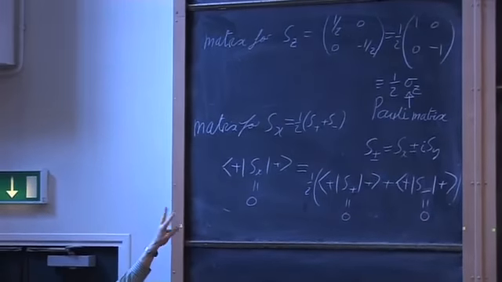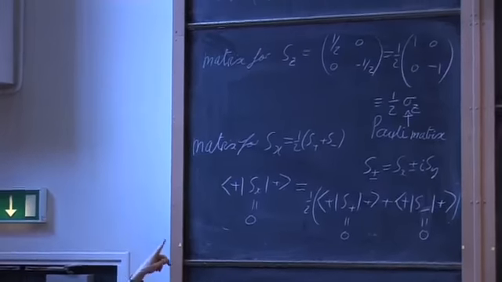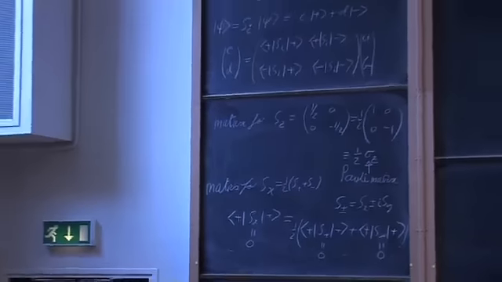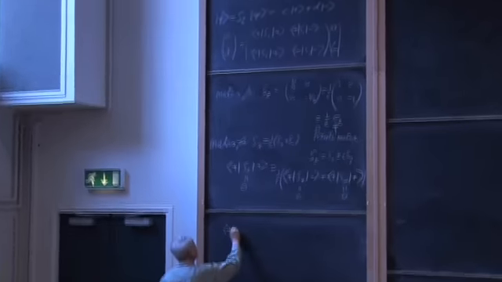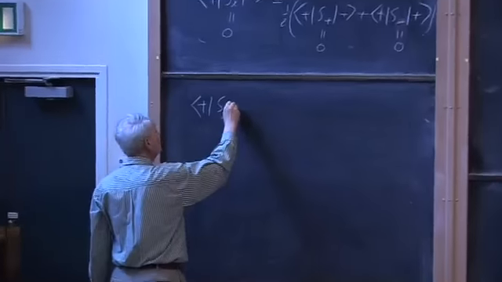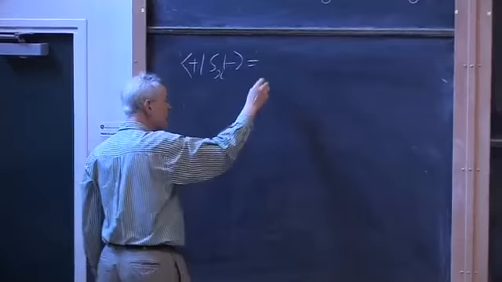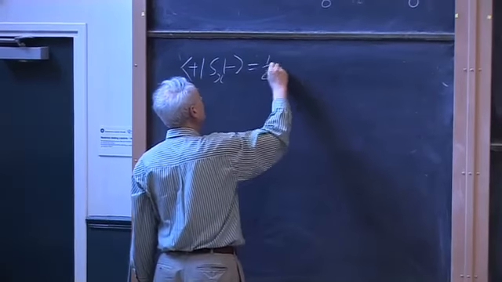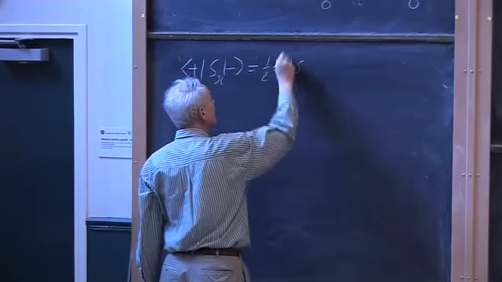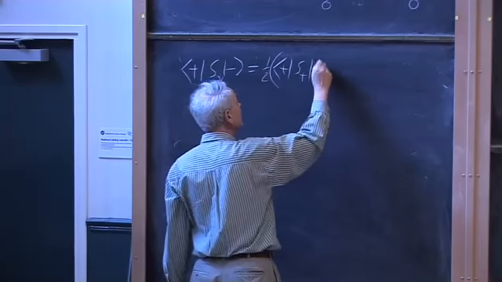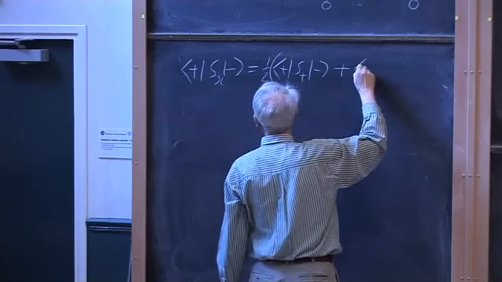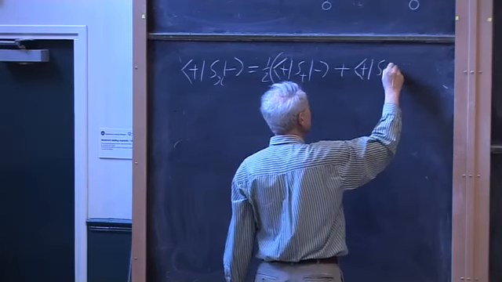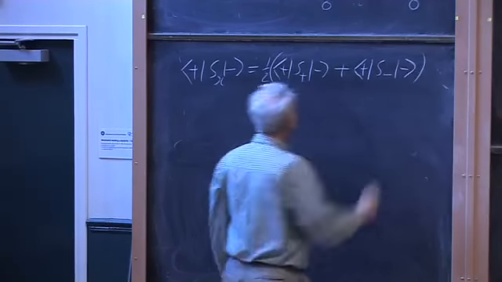Similarly, exactly the same reasoning would lead you to conclude that the bottom right-hand corner is 0, and the non-zero elements occur off diagonal. So if we look at plus Sx minus, we're looking at a half of plus S plus minus plus, plus S minus minus.